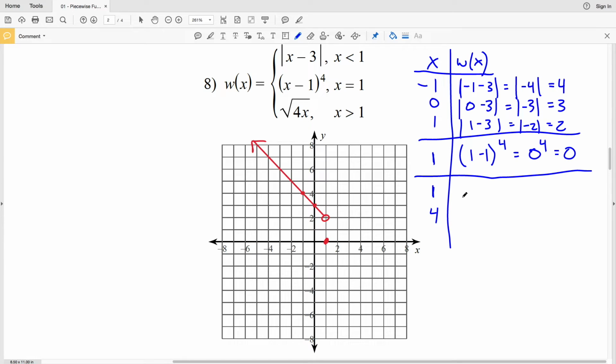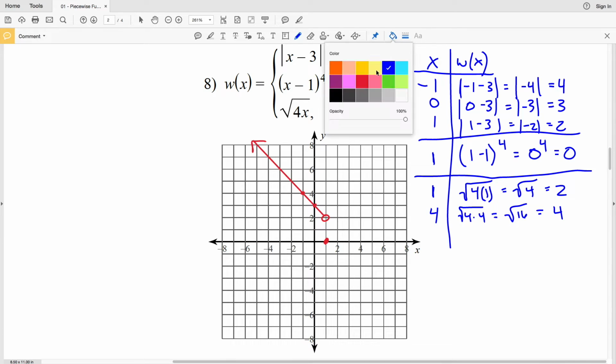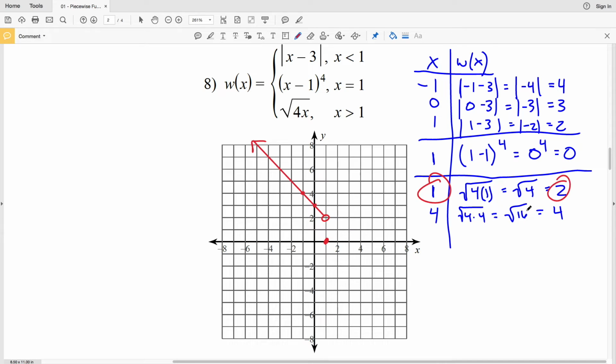So when we're at 1, we're going to have the square root of 4 times 1, which equals the square root of 4, which is a +2. And then for 4, we're at the square root of 4 times 4, which is the square root of 16, which is a +4. So graphing each of those, I know that it's an open circle at 1, 2. So going to 1, 2, we already have an open circle there.